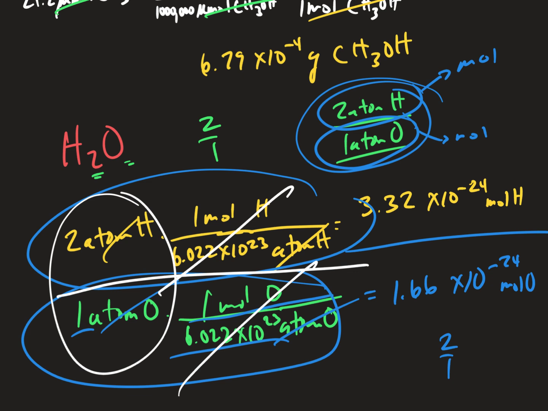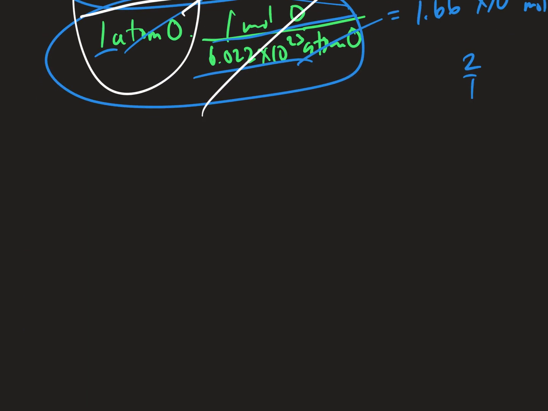So since that number is the same for all substances, then we can just treat this water as a 2 to 1 mole to mole ratio. Good? And then we don't have to use 6.022 times 10 to the 23. Isn't that nice?